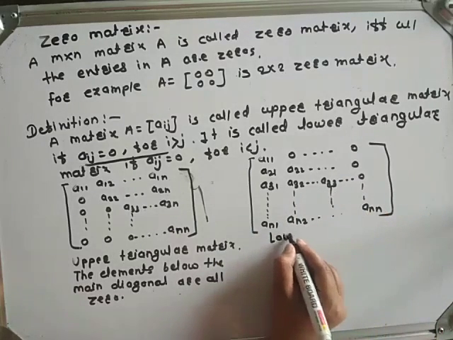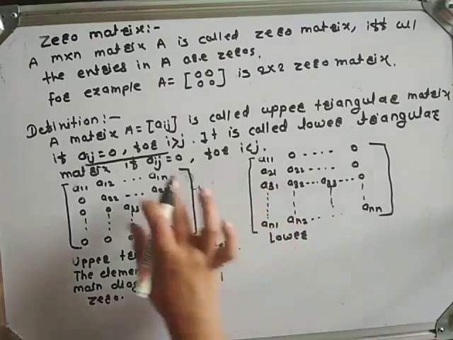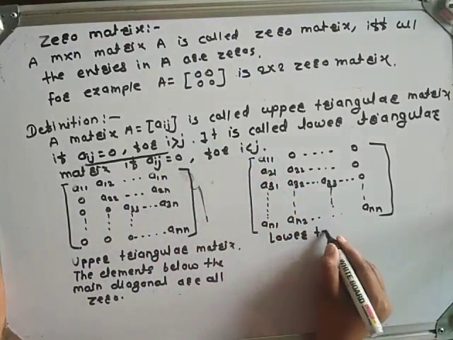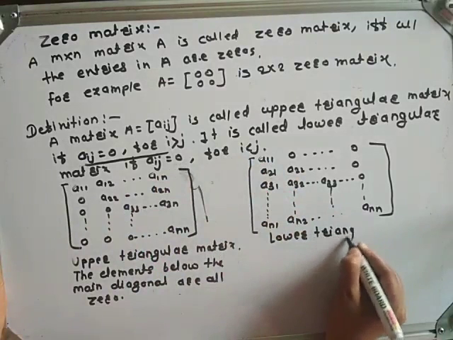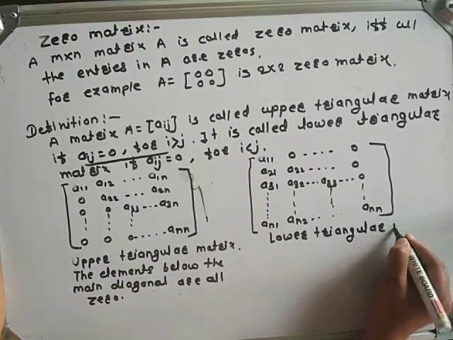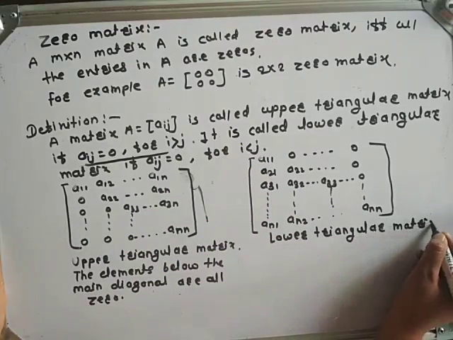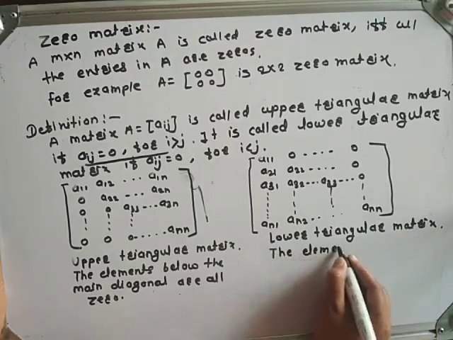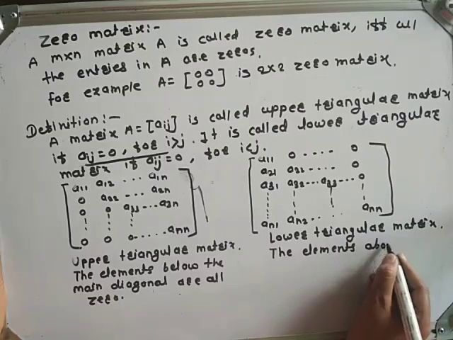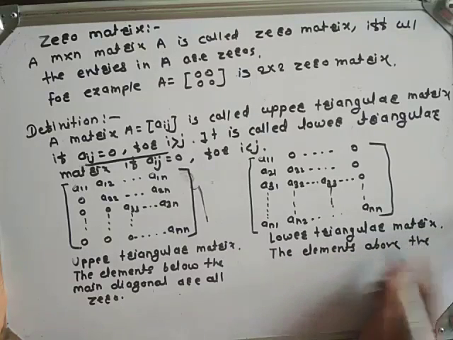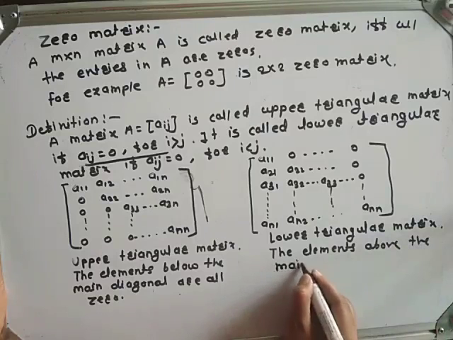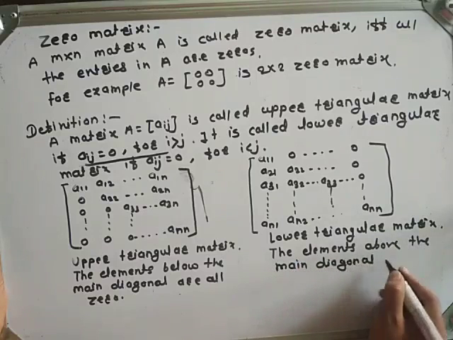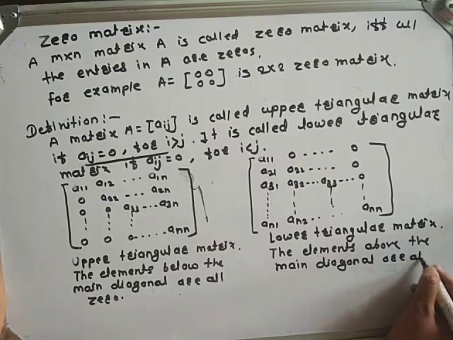This is a lower triangular matrix in which Aij is equal to 0 for i strictly less than j. In a lower triangular matrix, the elements above the main diagonal are all 0.